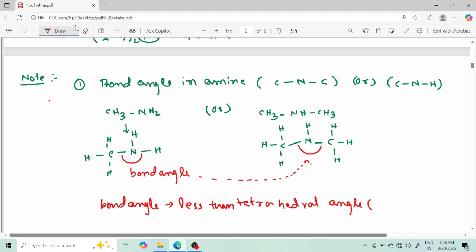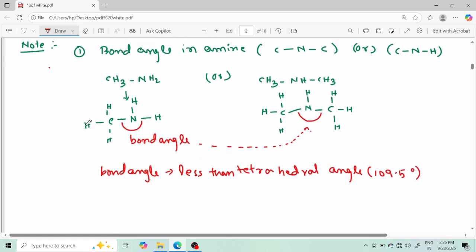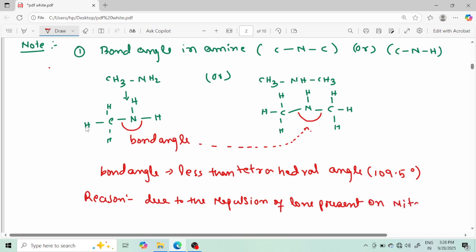Now what is the tetrahedral angle? Either they will say it is less than the tetrahedral angle or it will be less than 109.5 degree. And they will ask the reason also for that. The reason is the repulsion of the lone pair present on the nitrogen atom.